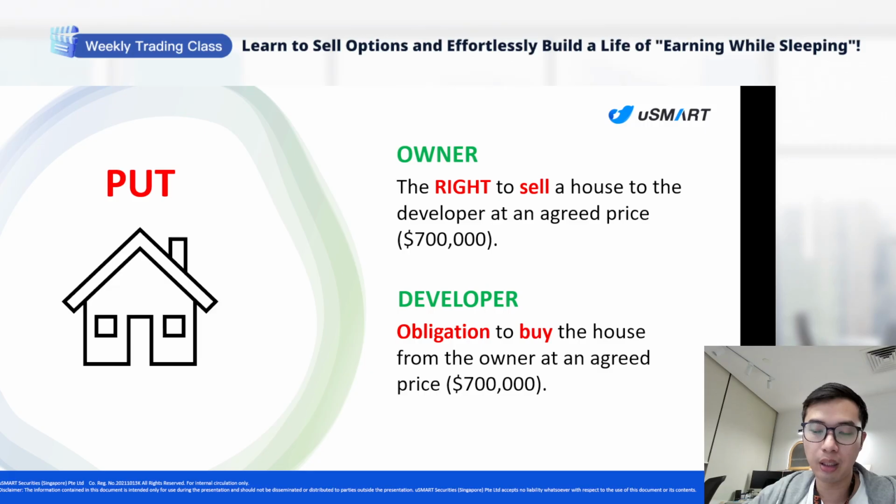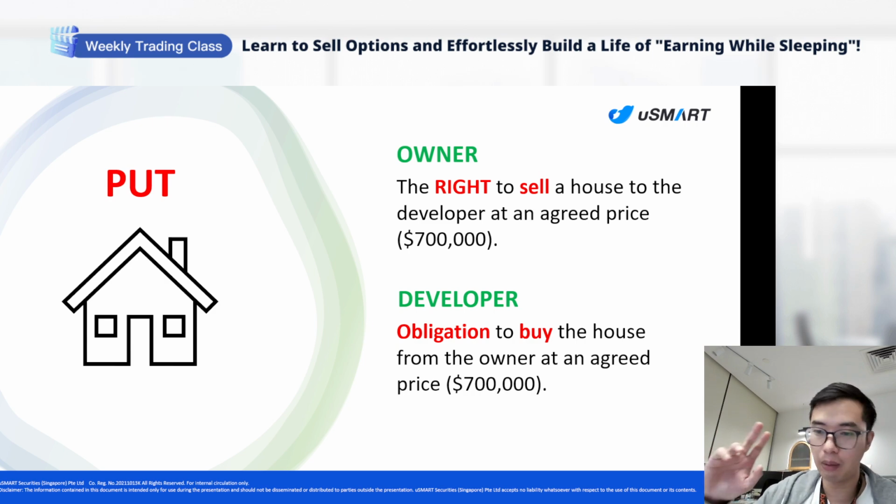So just now I said that a call seller is taking profits, because you have existing stocks on hand and you want to sell. And for the put, you have to have enough cash to buy the stocks from other people when it hits a certain strike price. If not, you will receive the premium.